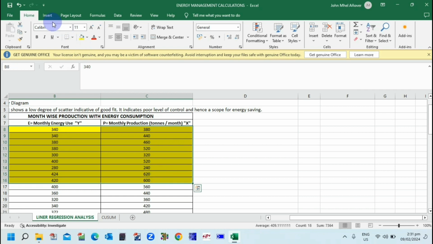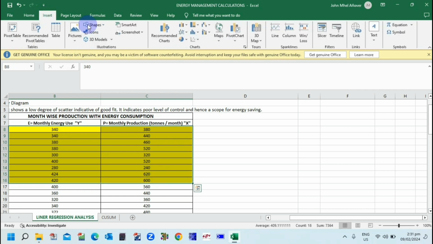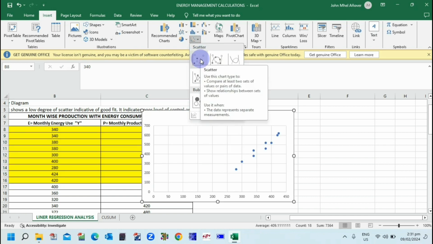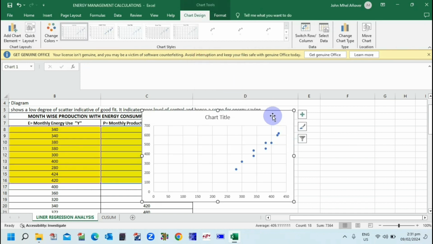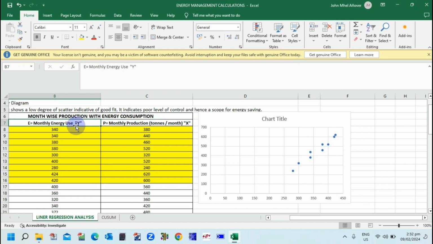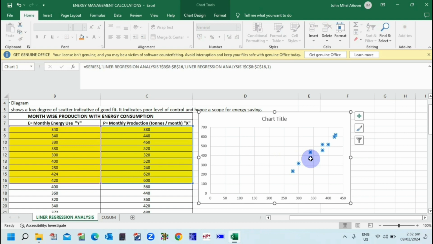Highlight this, then insert chart, X and Y scatter. Since the monthly production will be the x-axis and the y-axis will be the monthly energy usage, we will edit this value.